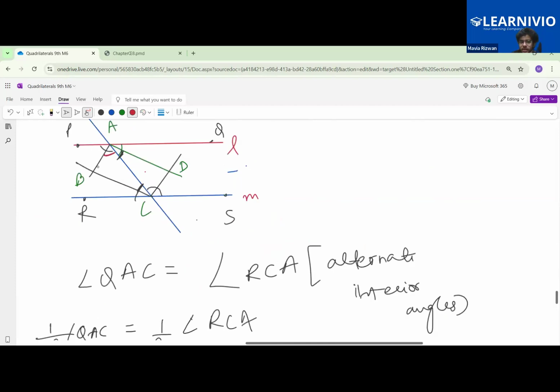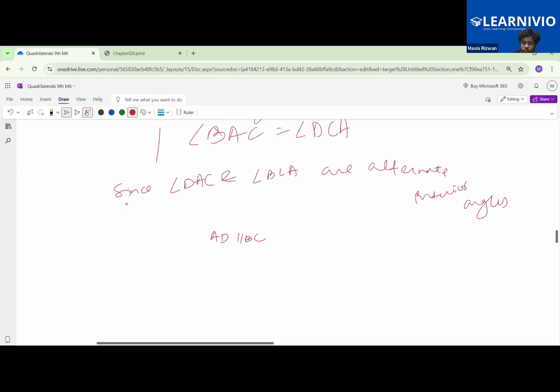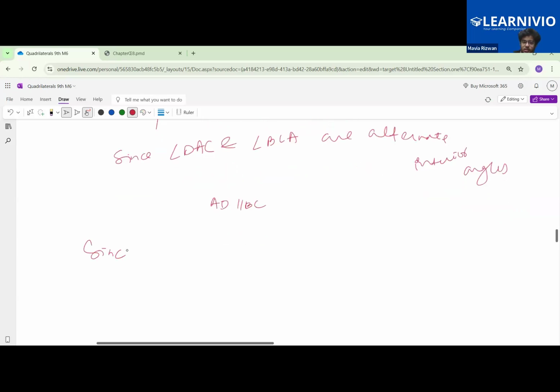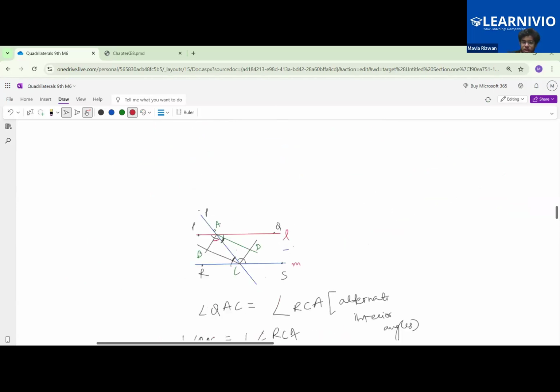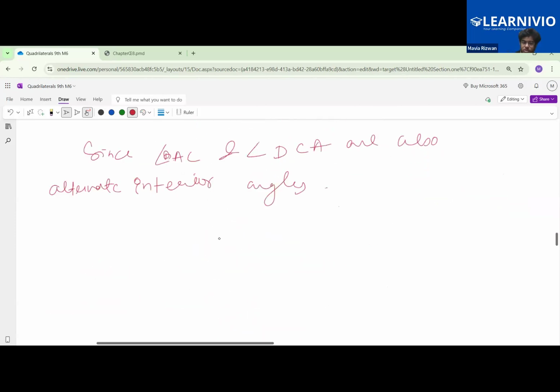And since angle BAC and DCA are also alternate interior angles, we can write that AB is parallel to CD.